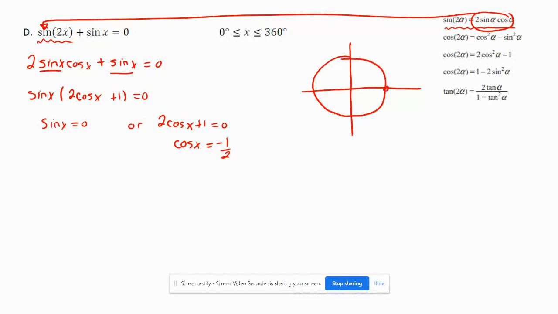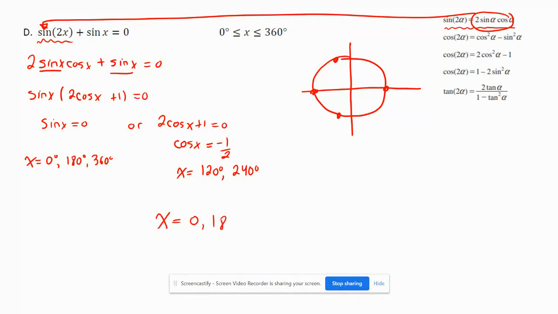Sine equals 0 happens here and here. So we're going to say x equals 0 degrees, 180 degrees, and 360. In this case, we're including 0 and we're including 360 in this domain. Cos equals negative 1/2 happens here and here, and that is at x equals 120 degrees and 240 degrees.